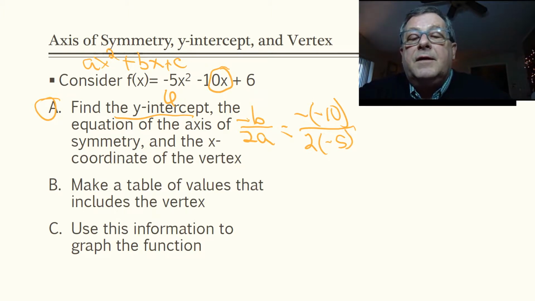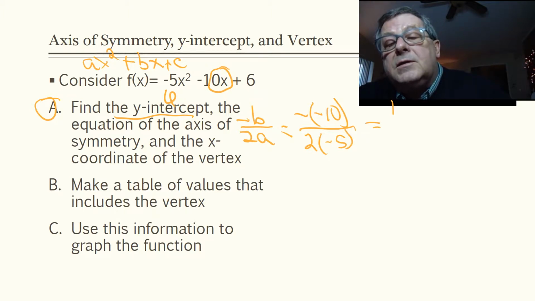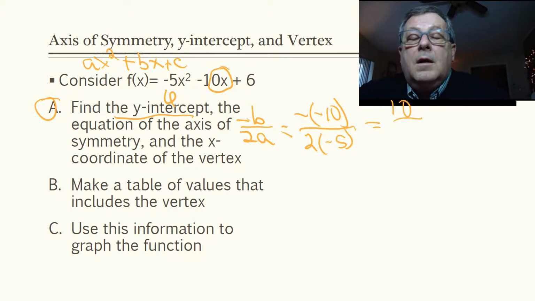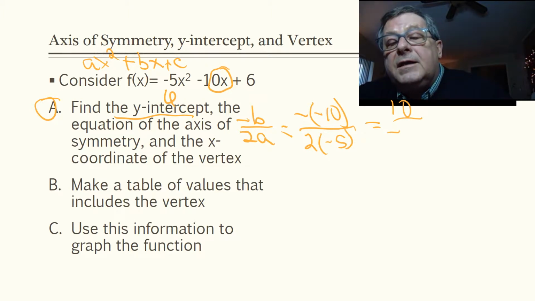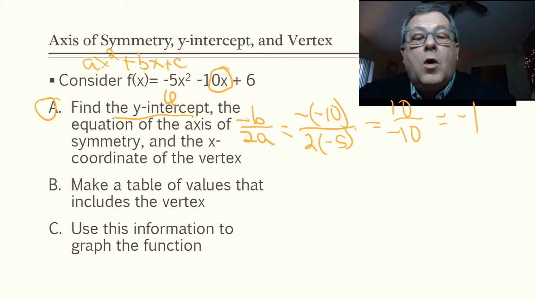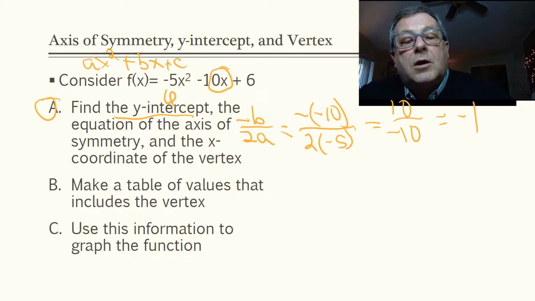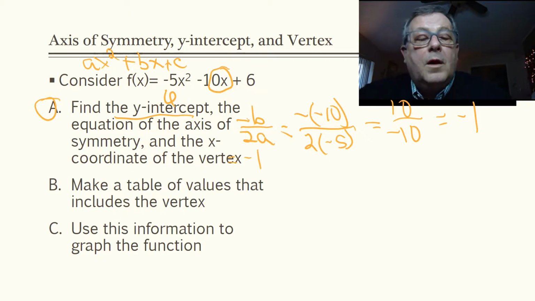Well, negative of negative 10 is positive 10, so that's going to be 10. And 2 times negative 5 is negative 10. And so my axis of symmetry is negative 1. And that is also the x-coordinate of the vertex, which is also equal to negative 1.